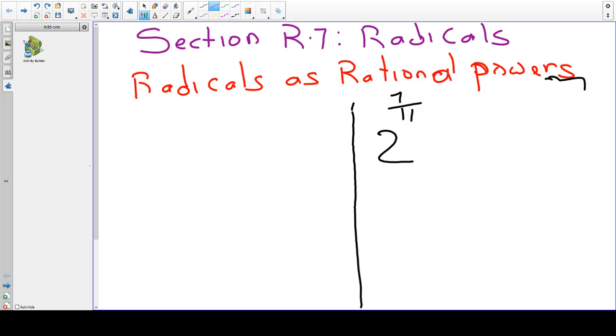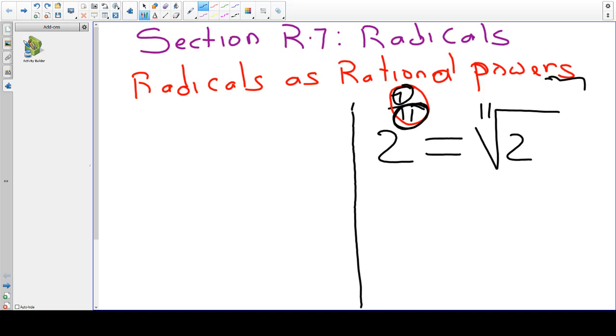So this is essentially a fractional power, or if you want, a rational power. So I can turn this into a radical. And in order for me to do so, I have to remember that the top is the power and the bottom is the index. So I'm going to say that's the radical. Now the index is the bottom, that's going to be 11. 11th root of 2 to the power 7. So 11th root of 2 to the power 7.